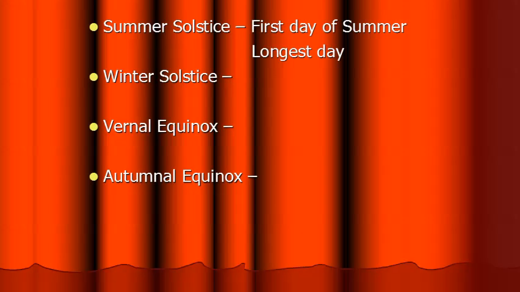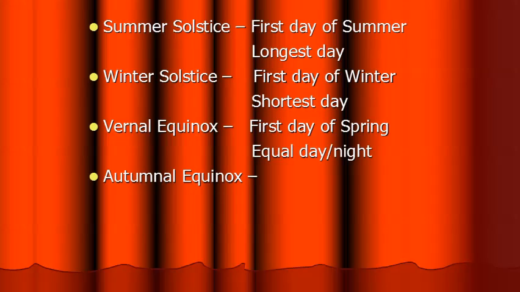All right, so the summer solstice is the first day of summer and the longest day of the year. The winter solstice is the first day of winter and is the shortest day of the year. The vernal equinox is the first day of spring, and there is equal day and night. Notice the word equinox, right?